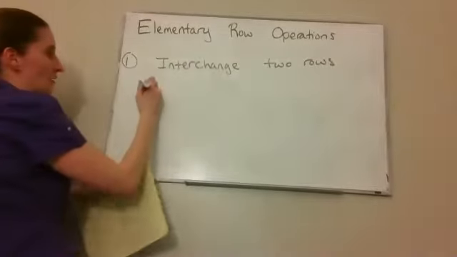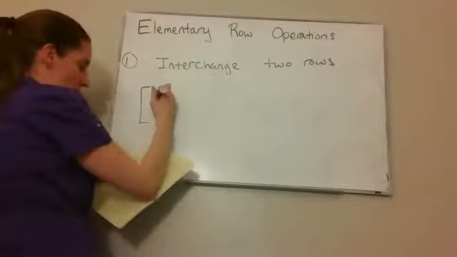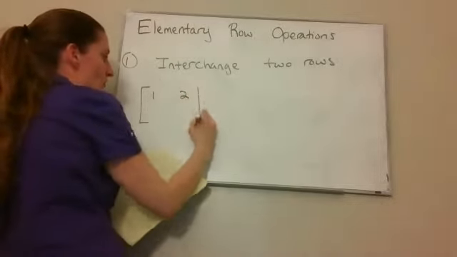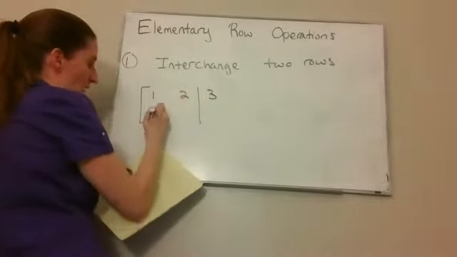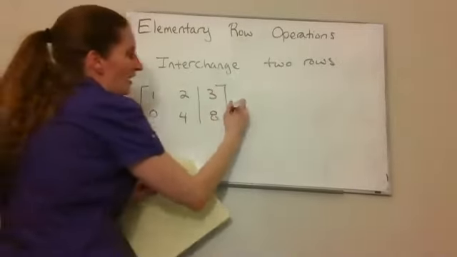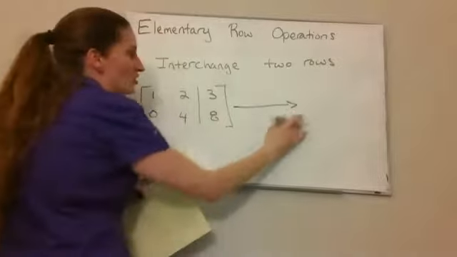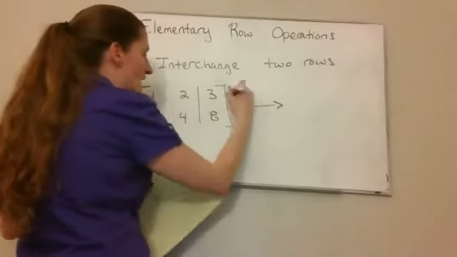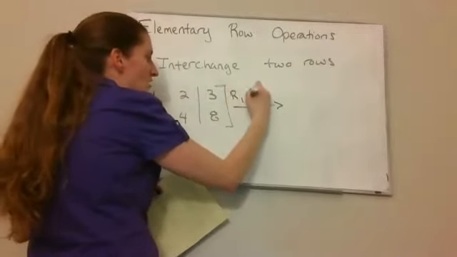So, for example, if I have the matrix 1, 2, 3, 0, 4, 8, I can change it into a new matrix with this notation here.